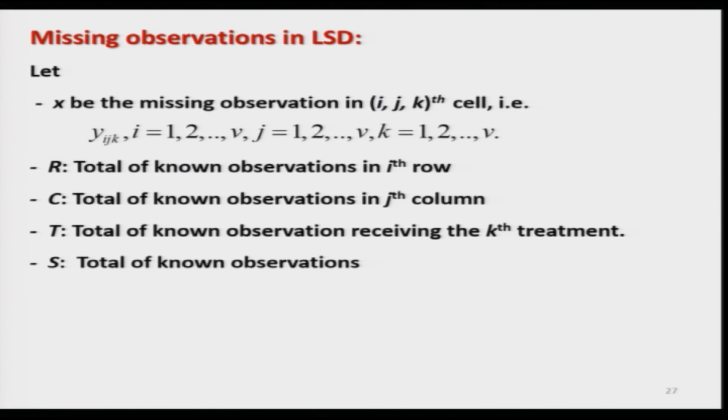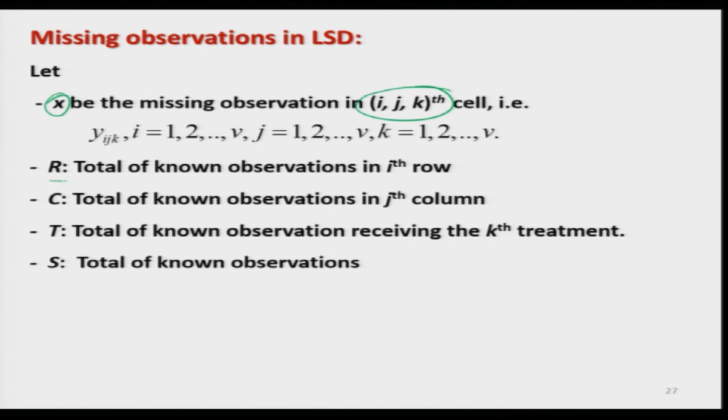In the case of Latin square design, suppose x is the value which is missing in the ijkth cell, right. Now you have to do the same thing: you have to obtain the sums in row, column and treatment of those values which are known to us, right.